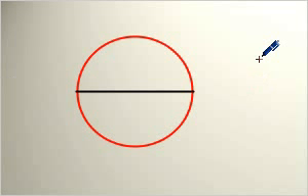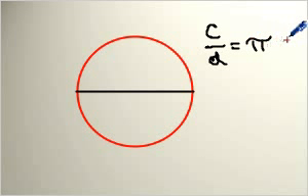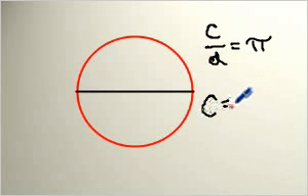So the circumference of a circle, when it's divided by the diameter, results in this relationship that we call pi, and it's a Greek letter. And so to find the circumference of a circle, we need to multiply the pi times the diameter.